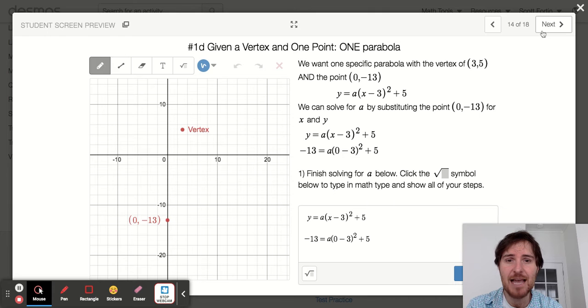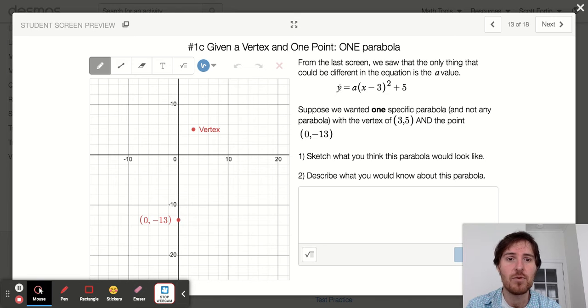So on slide 13 and 14, looks like they're previewing this for you here: if you have a vertex at 3, 5, this is where the 3 is going to appear in the vertex form, and this is where the 5 is going to appear in the vertex form. And then the only parameter that you wouldn't know is the a.